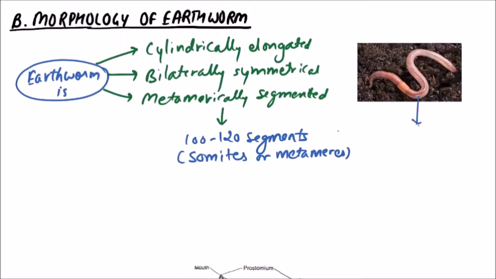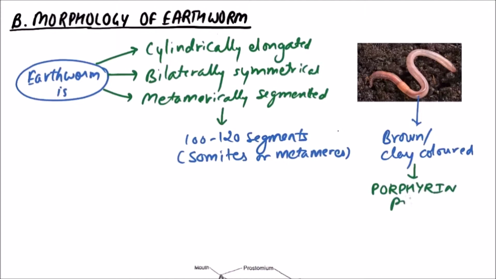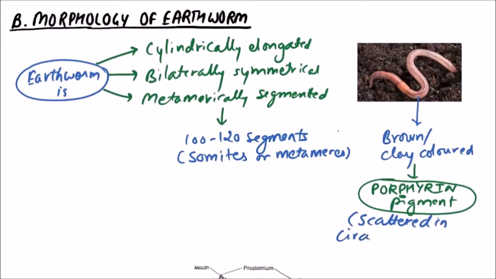The color of earthworm is brown or clay colored. This color is because of a pigment known as porphyrin. This is scattered in circular muscle layer of body wall.